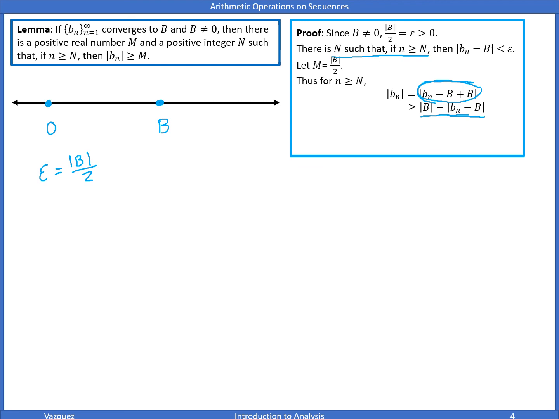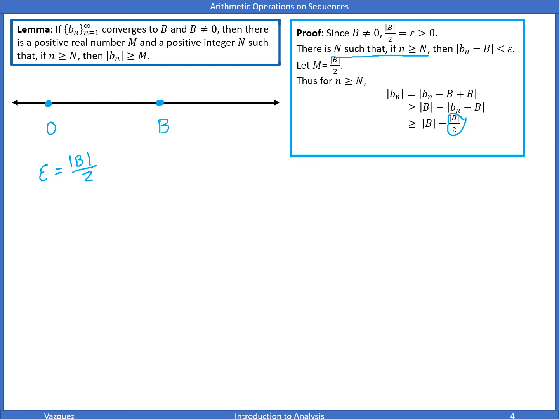It's a little algebra trick. But this is greater than or equal to b minus b over 2. And why are we doing that? Well, here we're using that epsilon is equal to b over 2.